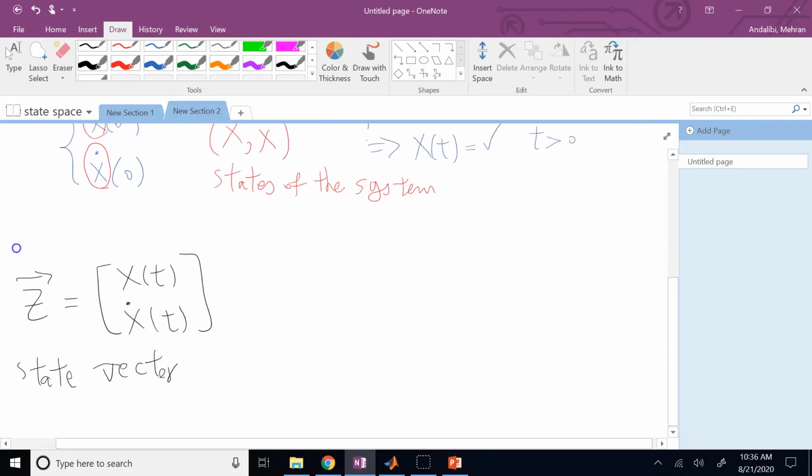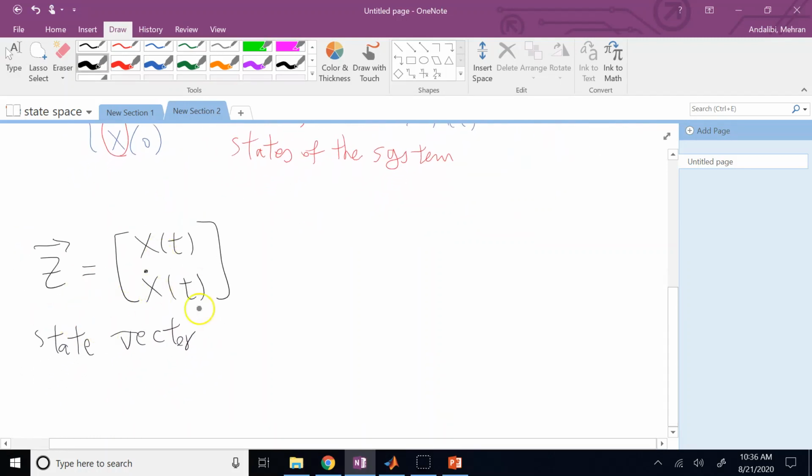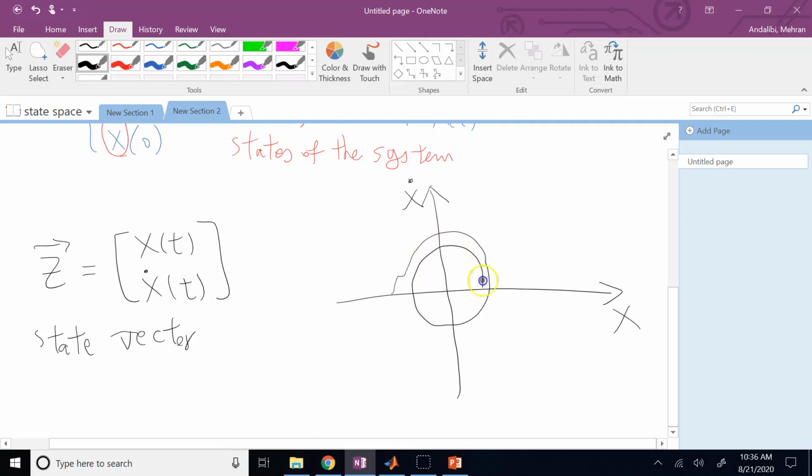Right? And then the space formed by these two variables, so if I draw these two variables versus each other in a 2D space, so here is x dot and here is x, and t is actually an implicit parameter, right? Then if I plot this, it might look something like this, and then just keeps going.